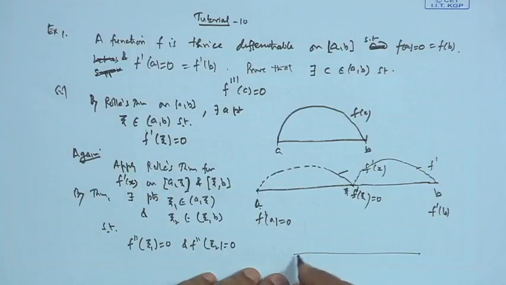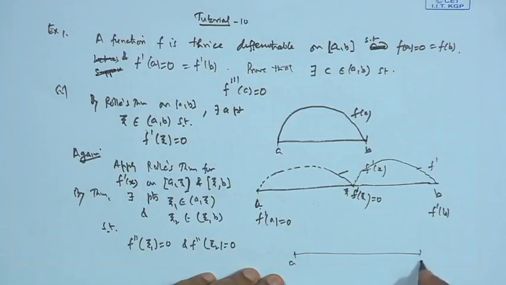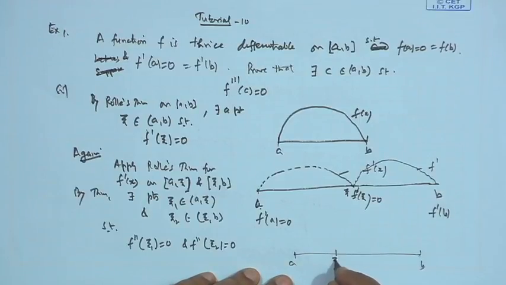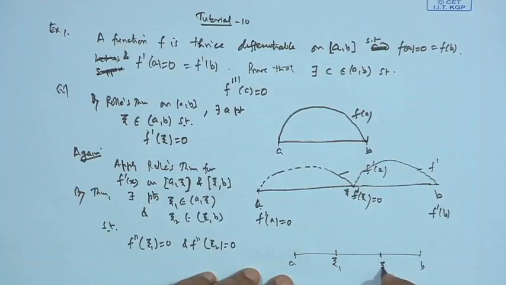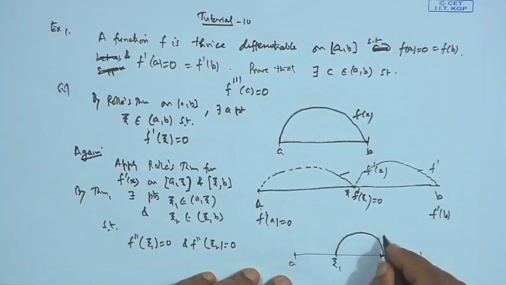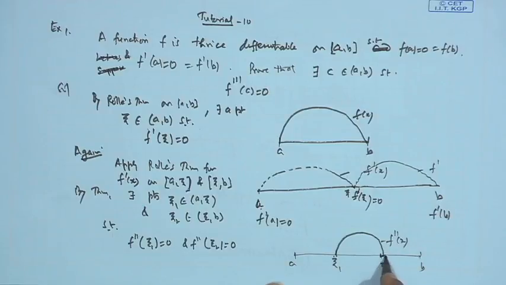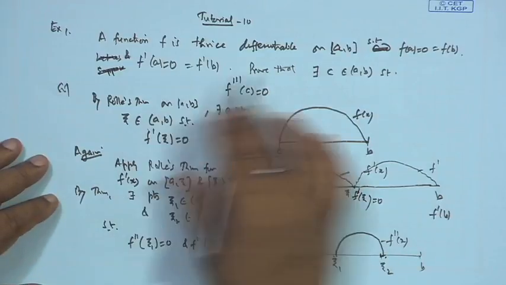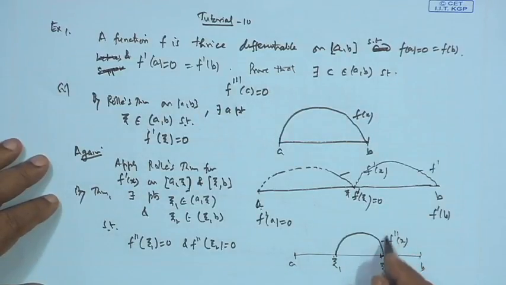Now again the figure is like this: this is [a, b], here is the point xi 1, here is the point xi 2. The second derivative of the function, f double dash of x, vanishes at the points xi 1 and xi 2. The function f is thrice differentiable, so this function f double dash is continuous and differentiable.